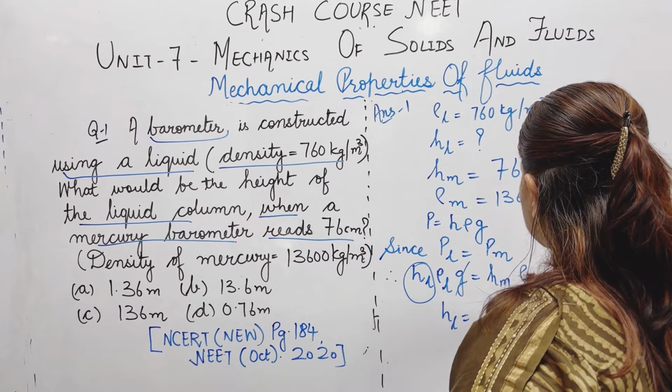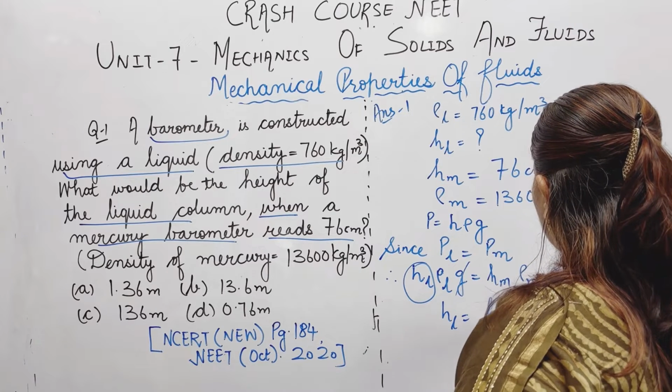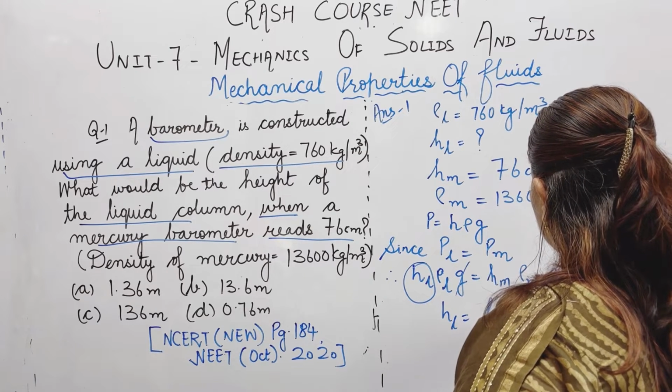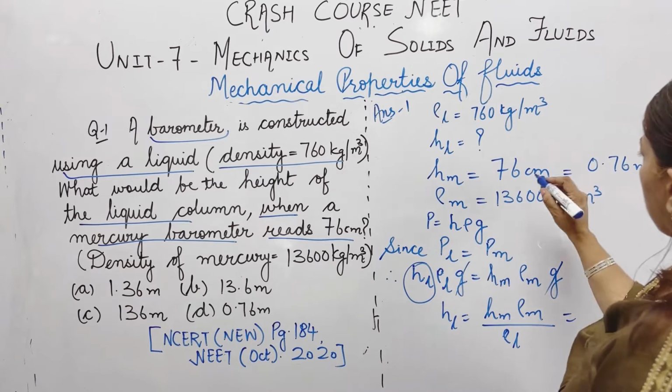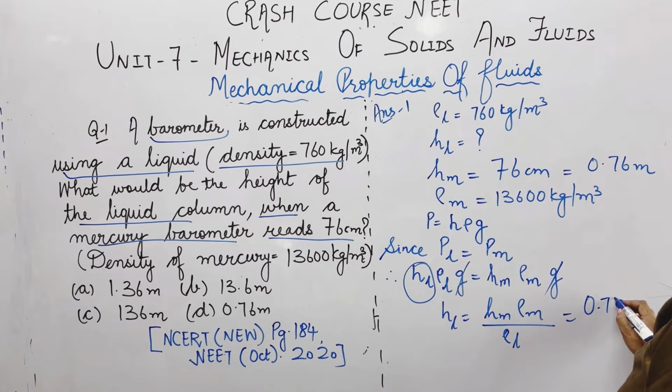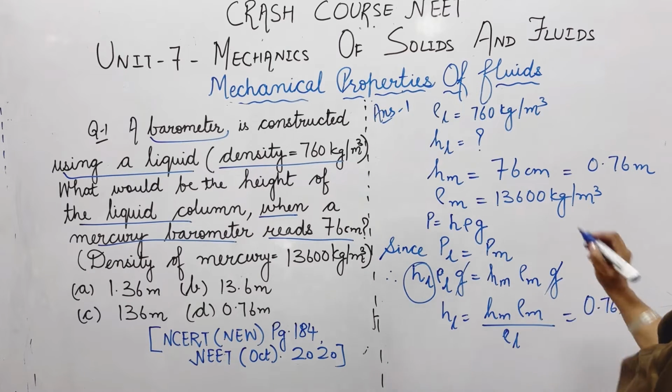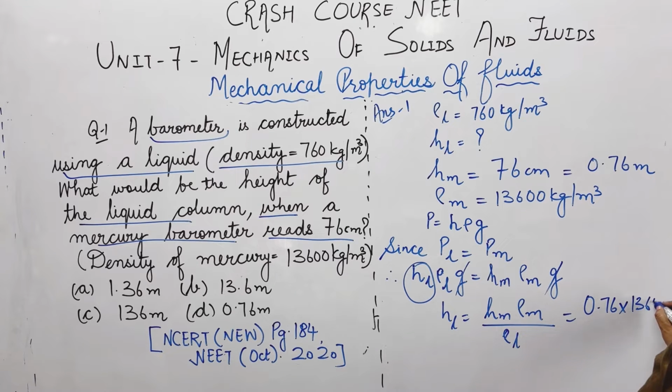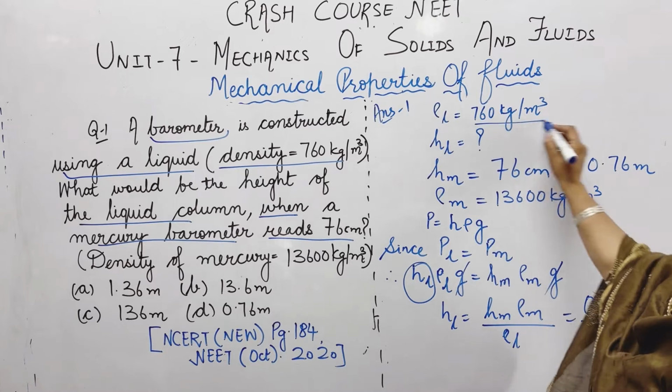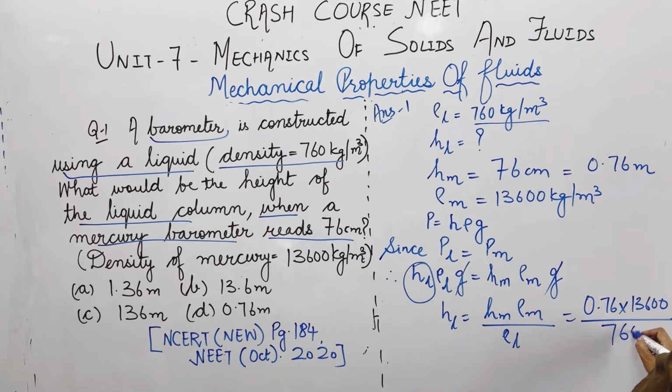So it can be written as h_m rho_m over rho. Height is 0.76 meter. Density of mercury is 13600, and the density of this liquid is 760.